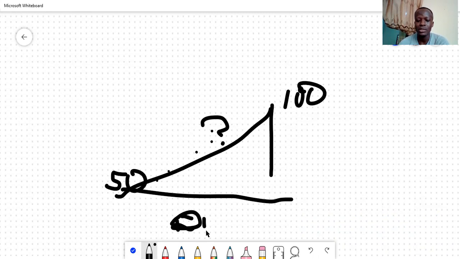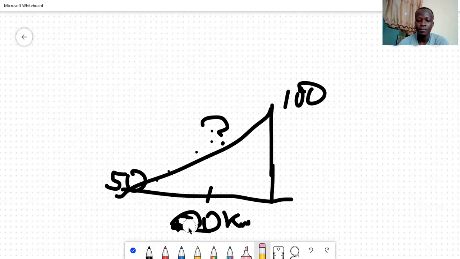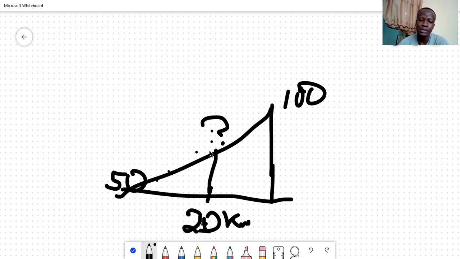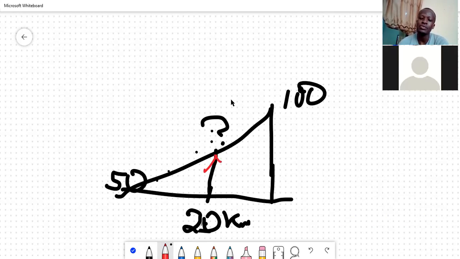If this is 20 kilometers, then of course the middle is 10 kilometers. So interpolation makes sure that we can determine the height at this point, which is very likely between 50 and 100, so what? 75. So that is interpolation for you.